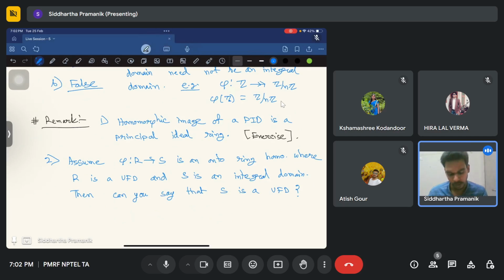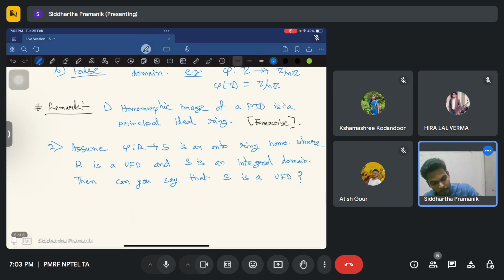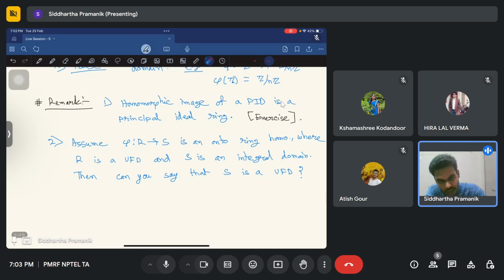So did you understand this statement? We are just taking a surjective ring homomorphism where the domain R is a UFD and the codomain is an integral domain. Then can you say S is a UFD or not?